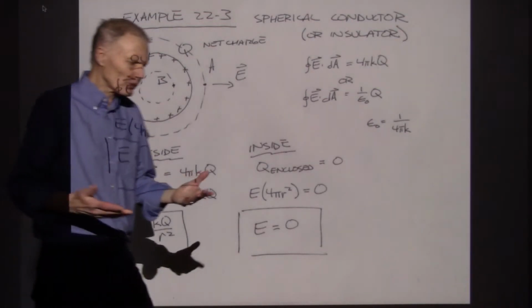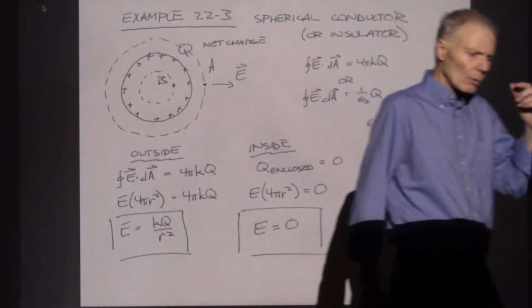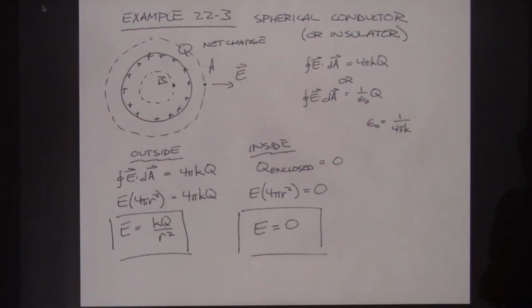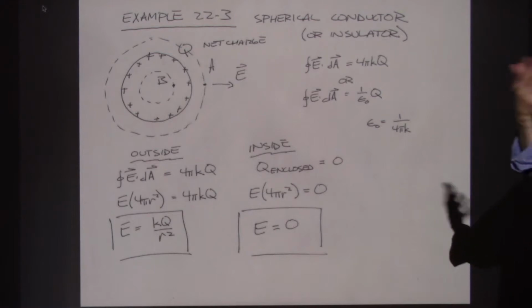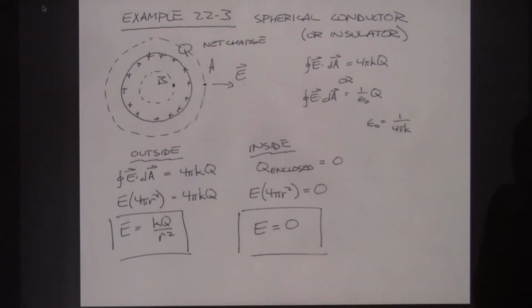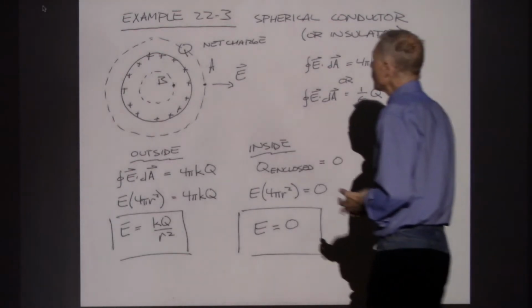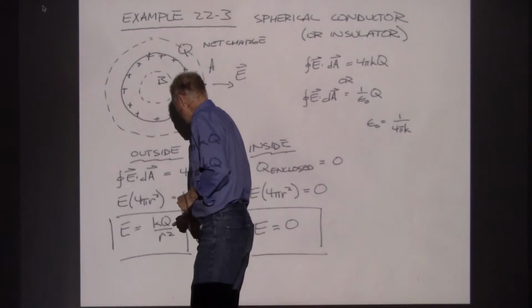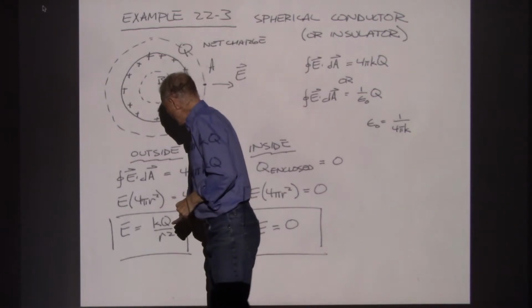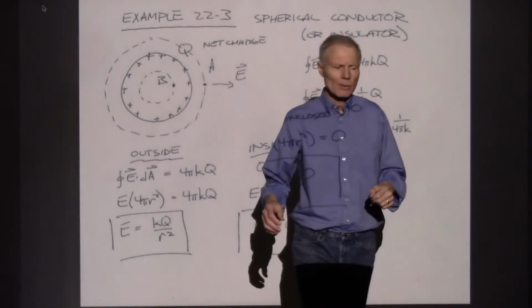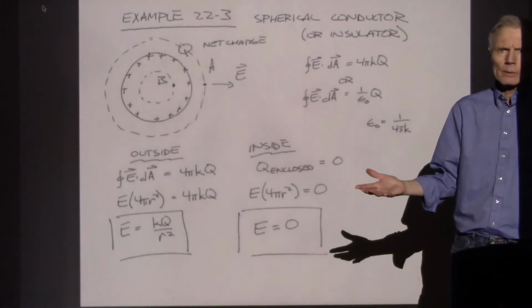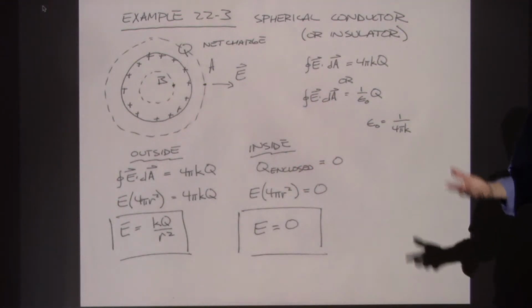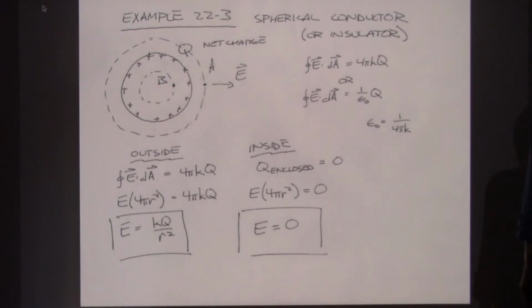So this is important. We've already looked at point charges, and we've just said that for point charges, the electric field is given by kq over r squared. But what Gauss's law is saying is that not only is that true for any point charge, that formula also works as long as I am outside any spherically symmetric distribution of charge.